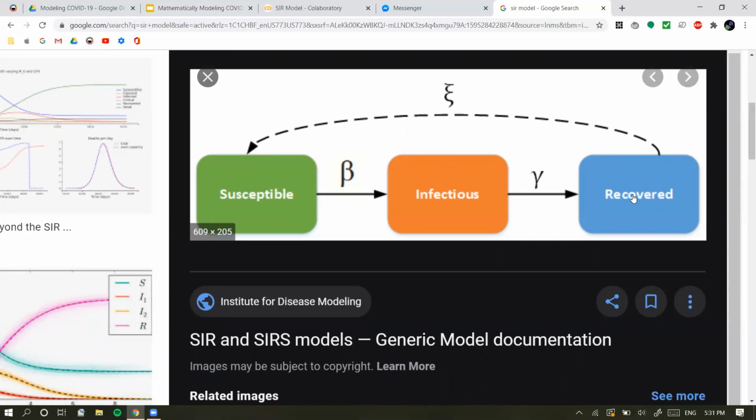Another case is that they just lose their immunity. In some cases your immunity can decline because your memory cells aren't up to the task anymore. Your immunity doesn't really stay forever in some cases. So that's another case where this arrow exists, pushing recovered people back into the susceptible pile.